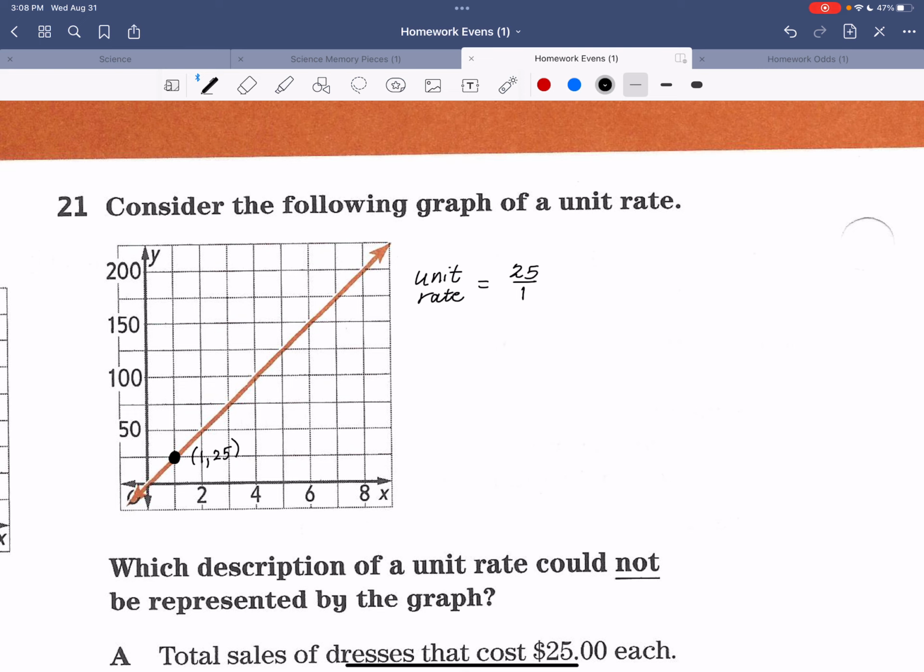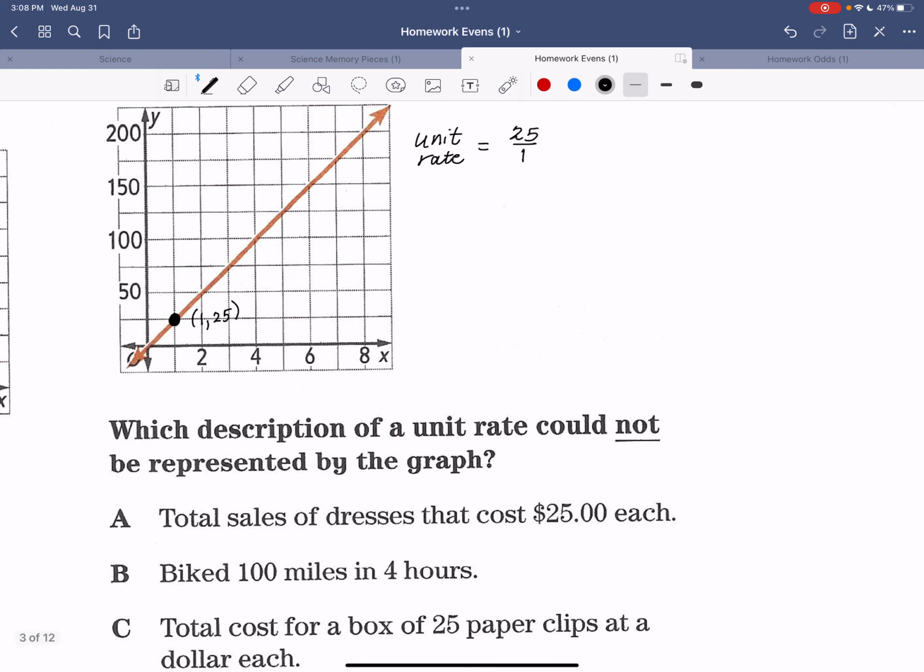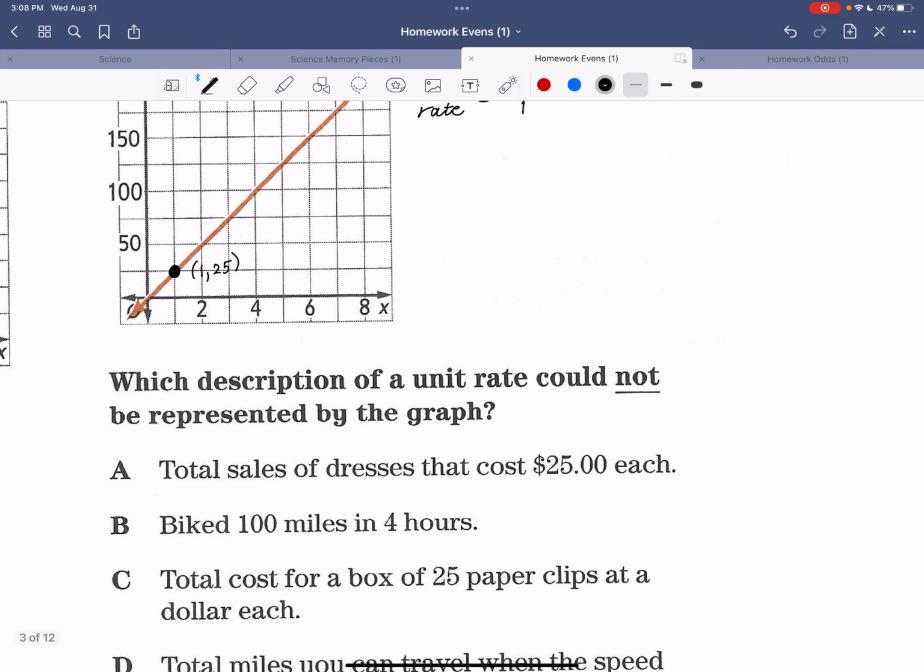Which description of a unit rate could not be represented by this graph? Total sales that cost $25 each, dresses that cost $25. So this would be the cost equals $25 times the number of dresses.